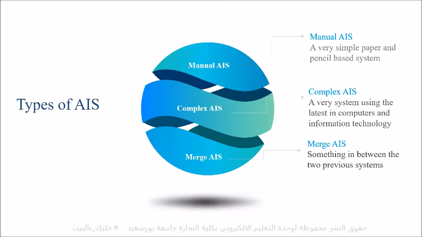In year 1 you learned how to prepare transactions, journalize them, and post them to the ledger and so on. That was the manual system. In accounting information systems we are trying to give you an aspect of the complex accounting information system.